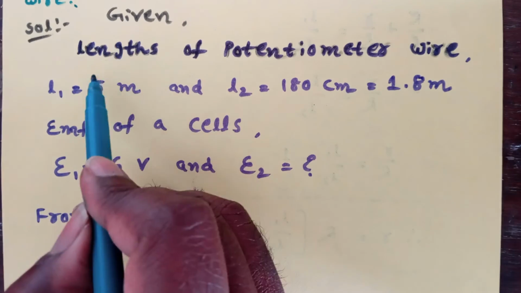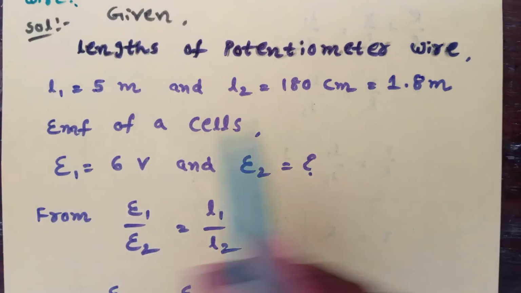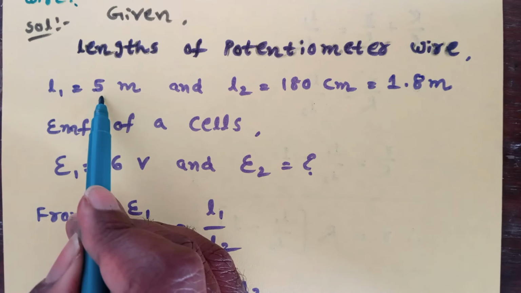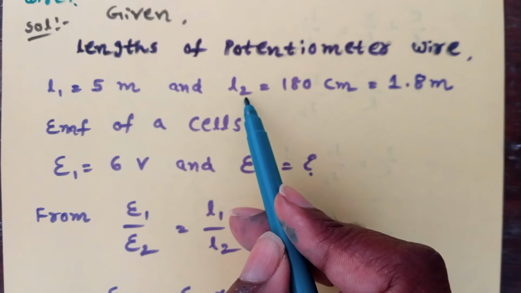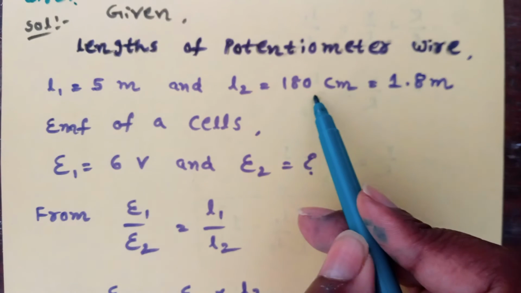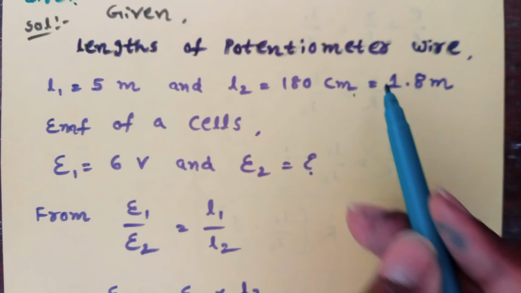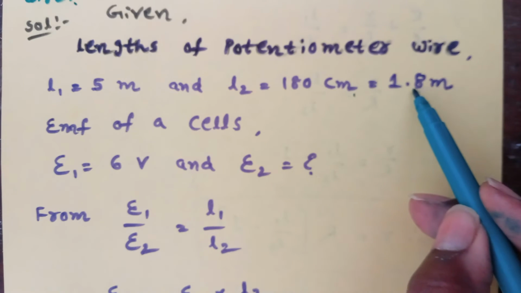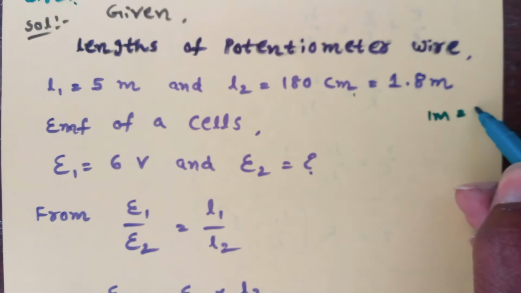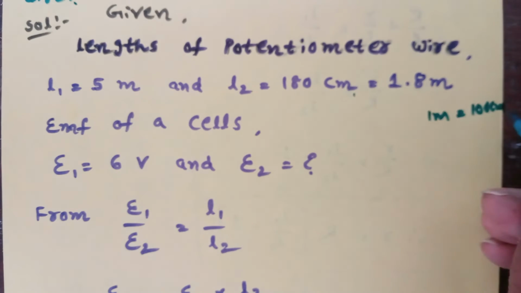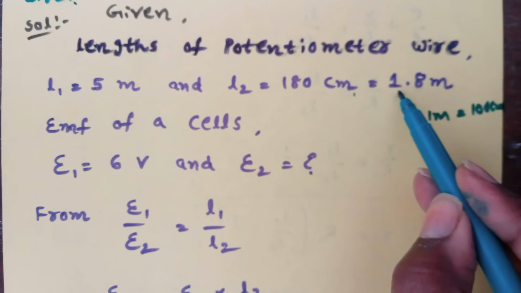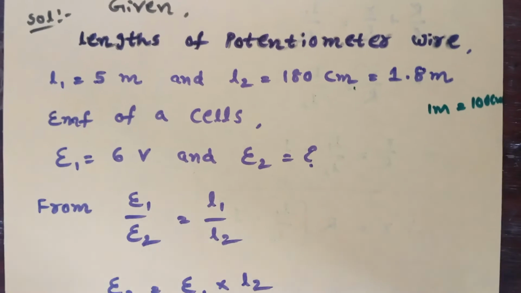Here what is given? Length of potentiometer wire, L1 is the first balancing point, L1 is equal to 5 meter, and L2 is the second balancing point, L2 is equal to 180 centimeter. Converting centimeter to meter, we know 1 meter is equal to 100 centimeter, so 180 centimeter is 1.8 meter.